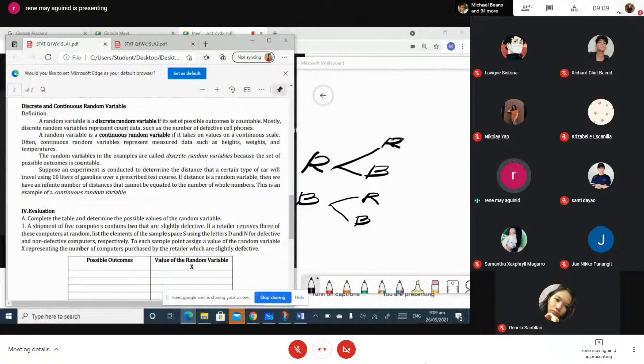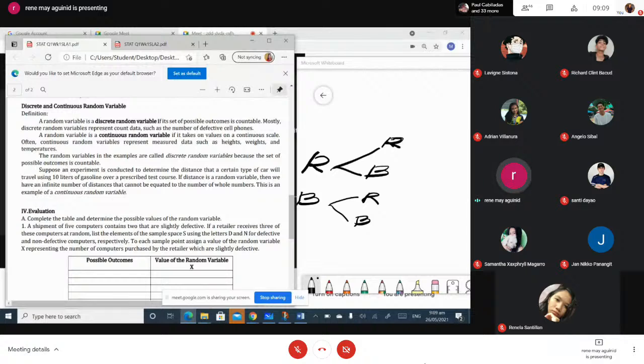Siguro nakagamit siya 10 liters at a time, but gasoline can, kung pwede ka magpatubig 10.5. So ang consume sa gasoline sa car could be in decimal. Pwede ka makakonsume ng 10.5, pwede makakonsume ng 9.8. So that is a continuous.